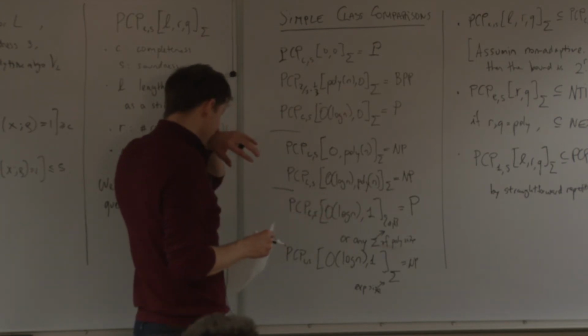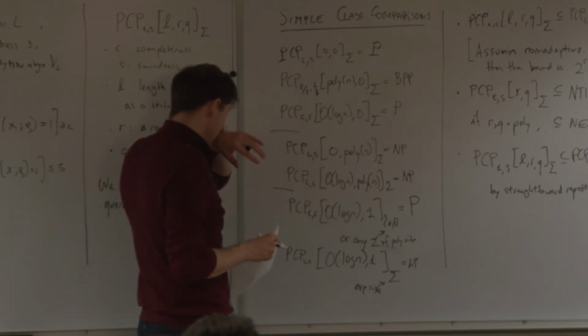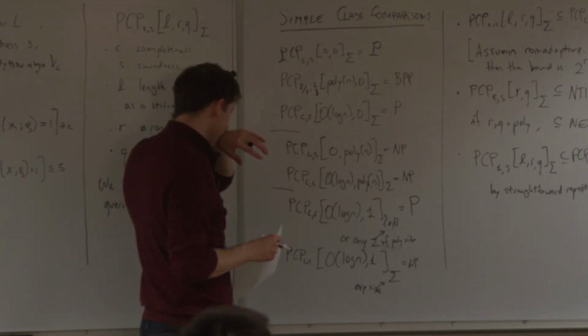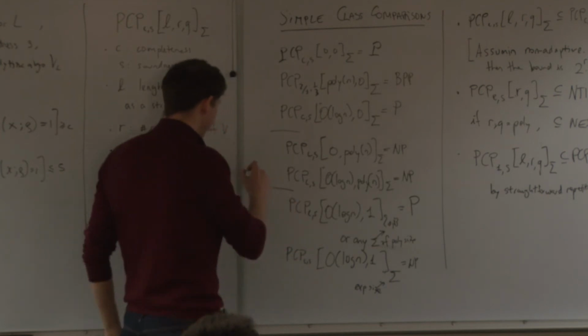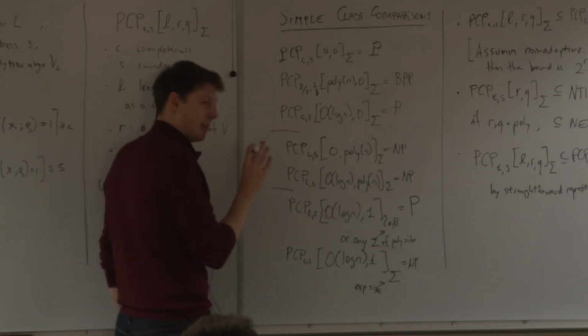We know that PCP log n, poly n is contained in MA, which is contained in PCP poly. So I'm asking whether there is a better bound from below. It's a good question. I believe so. Maybe I'll send you an email later.